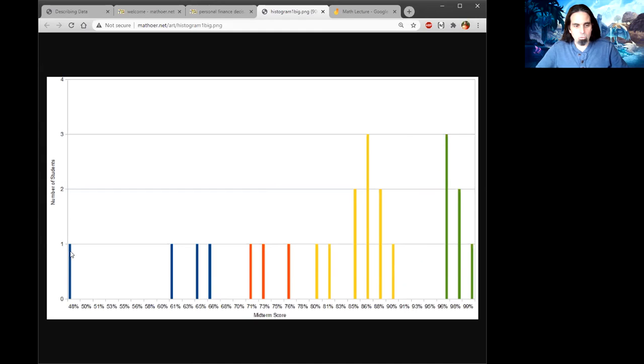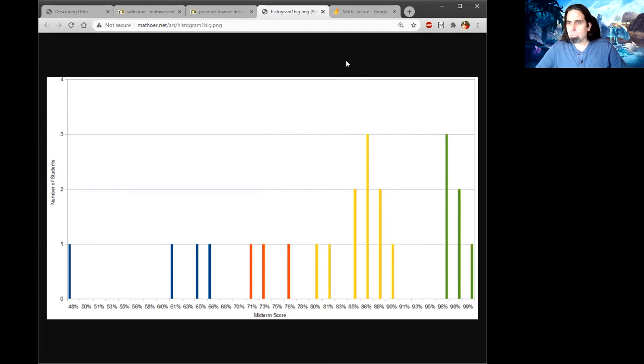One student earned a 48 way at the bottom. The rest of the blues were people in the 60s. One student earned a 71, one earned a 73, one earned a 76. If you look on the up and down axis, the number of students goes up to 2 for some of the yellows, and then the most common peaks were at 3 students.